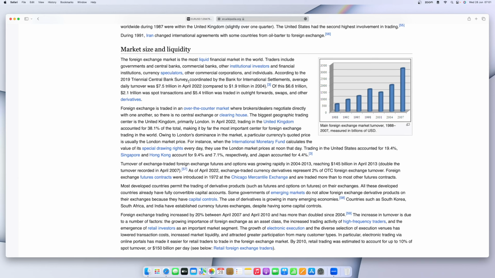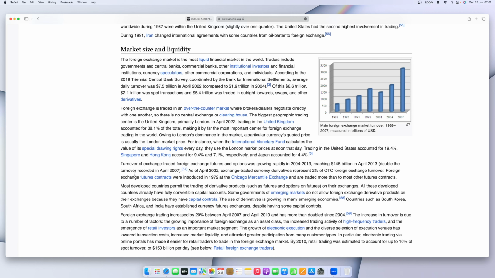That is a lot of money. And this shows us how the Forex market is getting more liquid year by year. It says in bracket, compared to 1.9 trillion in 2004. See it now?